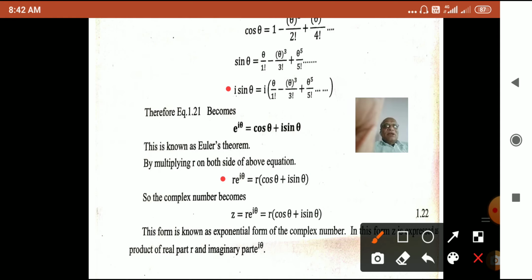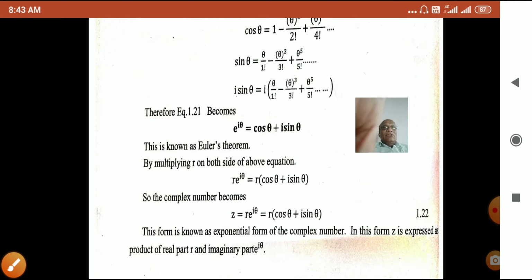So the complex number expressed in exponential form is z equal to r e raised to i theta, and which is equal to r into bracket cos theta plus i sin theta. This is polar form. Now the exponential form of a complex number is z equal to r e raised to i theta, meaning it has a real part r and an imaginary part e raised to i theta.